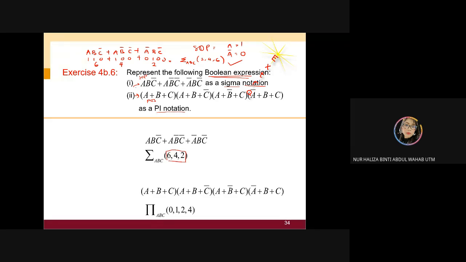And the second one will be your POS. Please remember our POS: A will be 0, A bar will be 1.